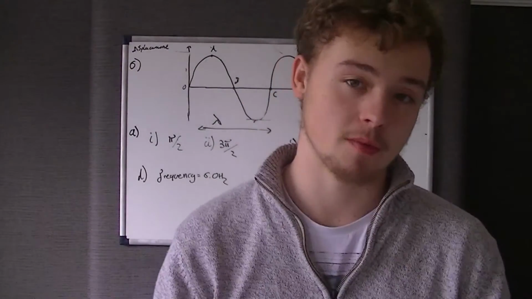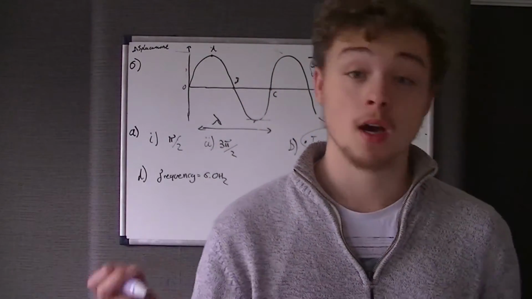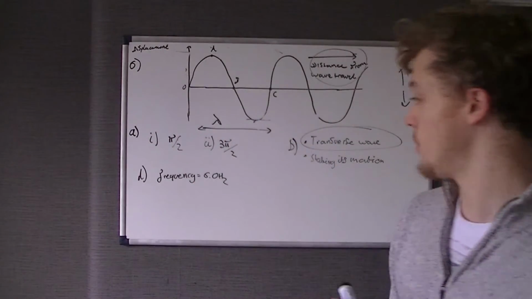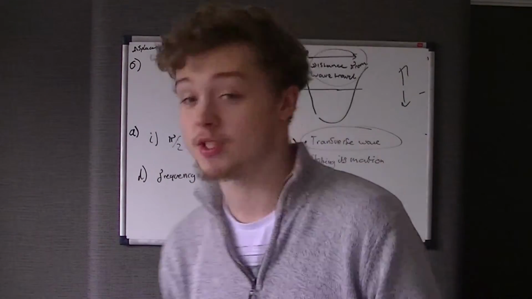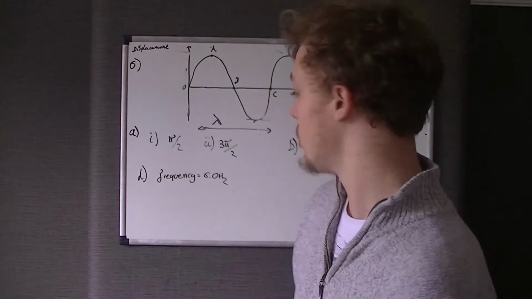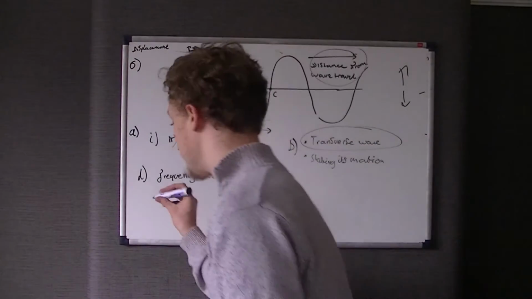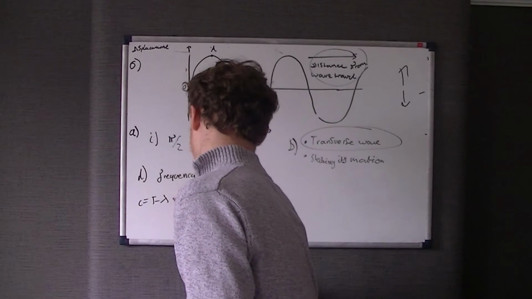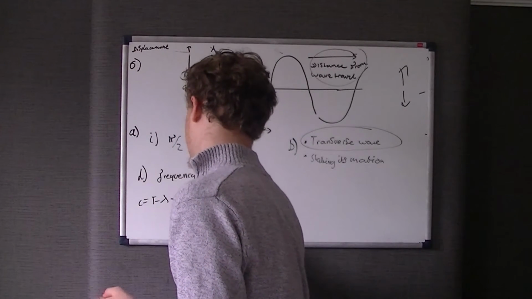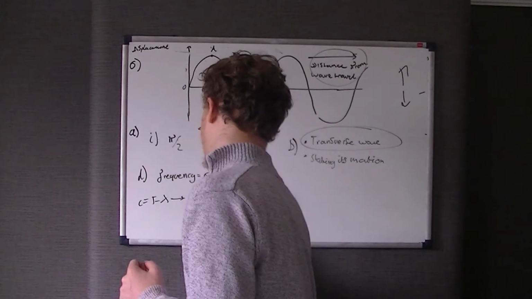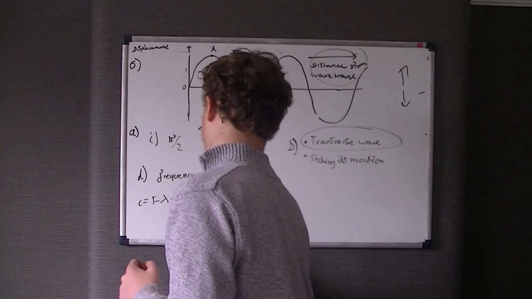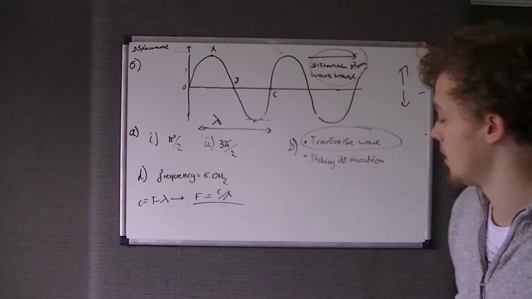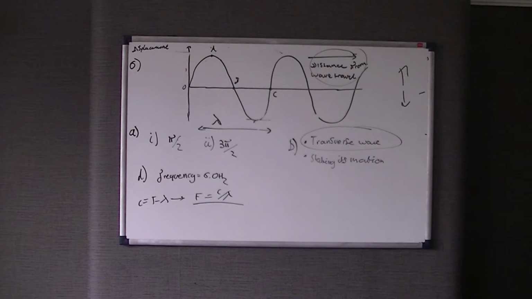So you just say it's the number of cycles per second, or you could just state the formula, which is c equals f lambda, lambda being the wavelength, f being the frequency, c being the speed. You could say f is equal to c over lambda, or speed of the wave over the wavelength. Either of them 2 would have been acceptable.